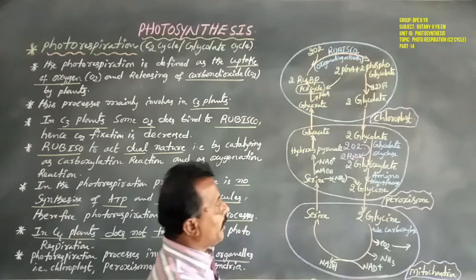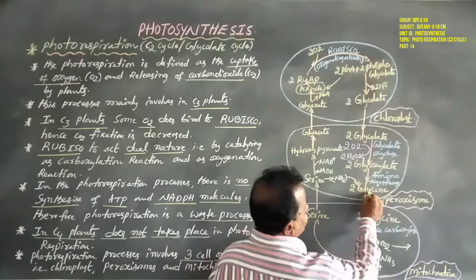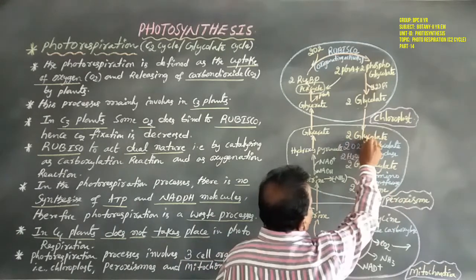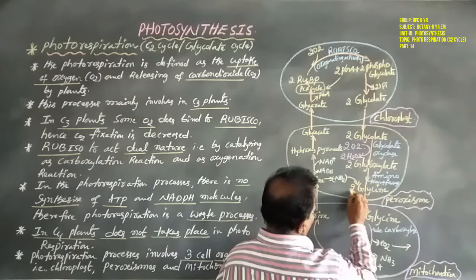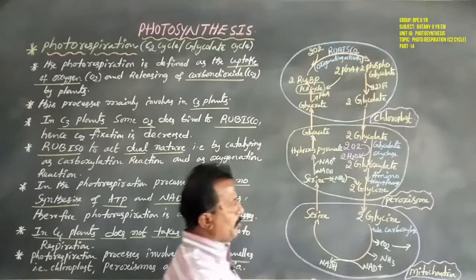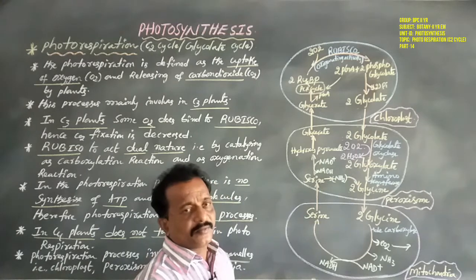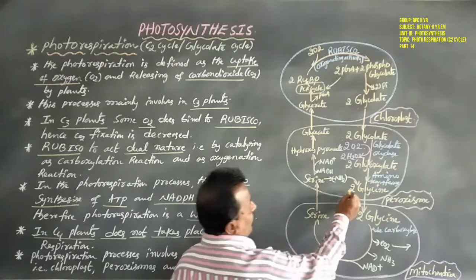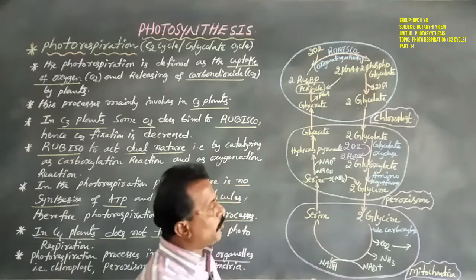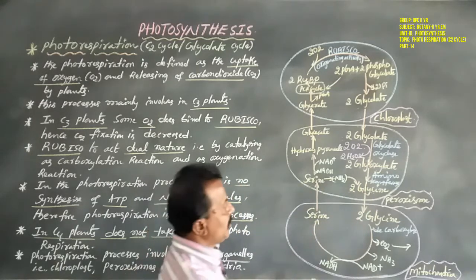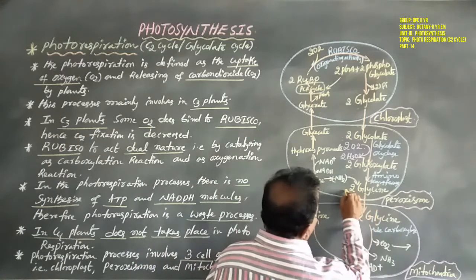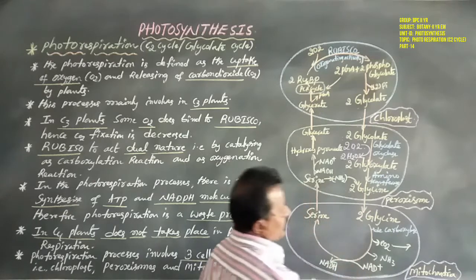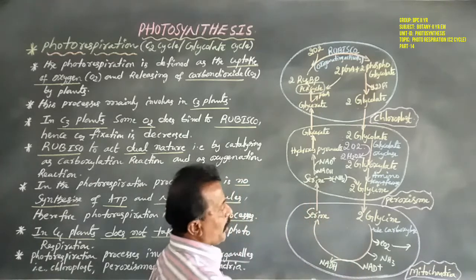So the peroxisome contains 2 molecules of glycine. So one organic acid compound forms one amino acid, such as glycine. Then these 2 molecules of glycine will be transferred into another cell organelle, the mitochondria.